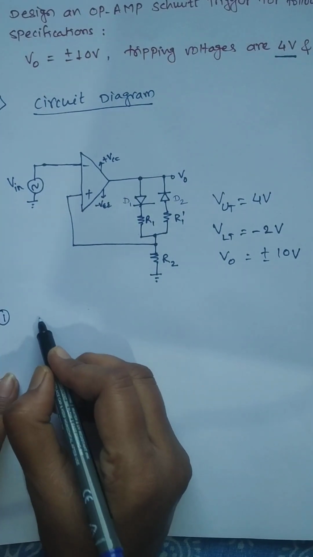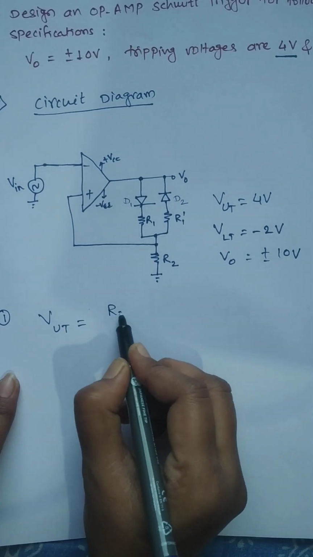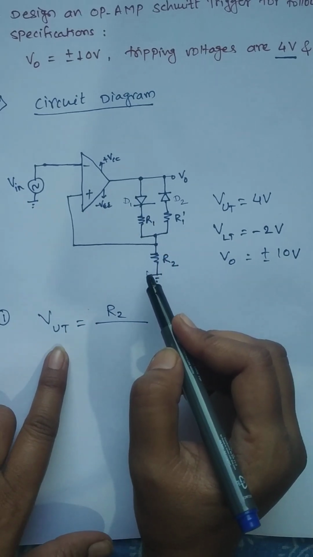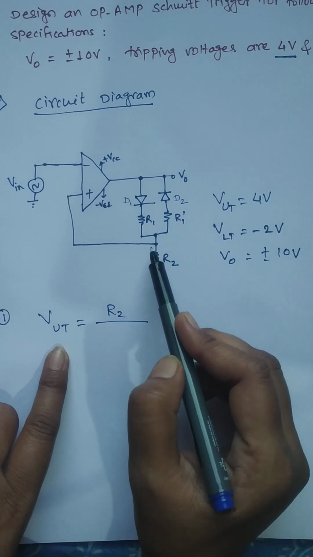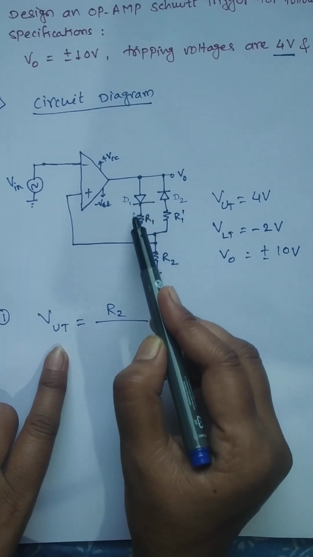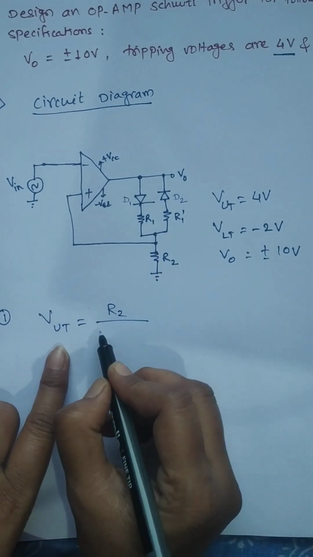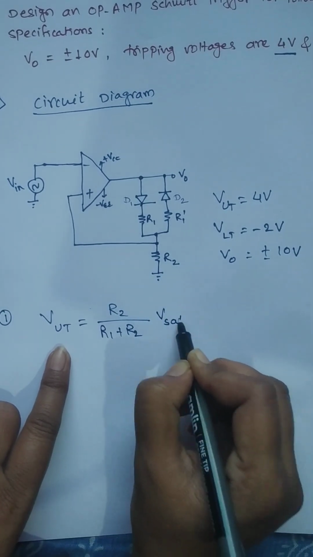First, let us write down the formula. VUT is equal to R2 upon, now for the upper threshold voltage, as it is positive, which resistor will come into the picture? If it is positive Vsat, D1 is forward biased and R1 will be there. So in the formula we need to write R1 plus R2, into plus Vsat.